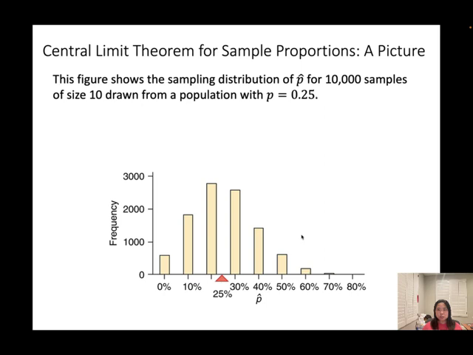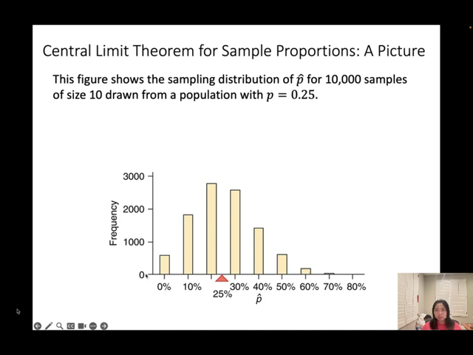This figure shows the sampling distribution for p hat for 10,000 samples of size 10 drawn from a population with p equal to 0.25. So the population is large, but our sample size is only 10, right?